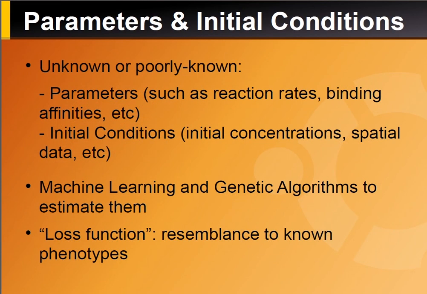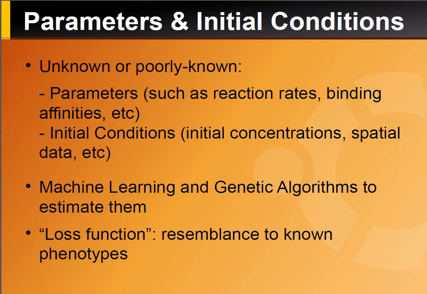That brings us to exactly what about the parameters and the initial conditions? Every time there is a dynamical system, those are something that's needed. What do we do when there are unknown or poorly known? And that could be parameters like reaction rates, binding affinities, and so on.